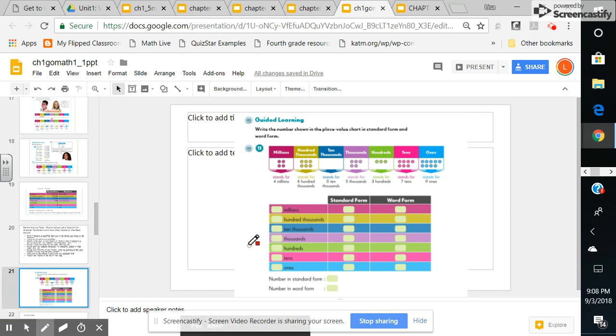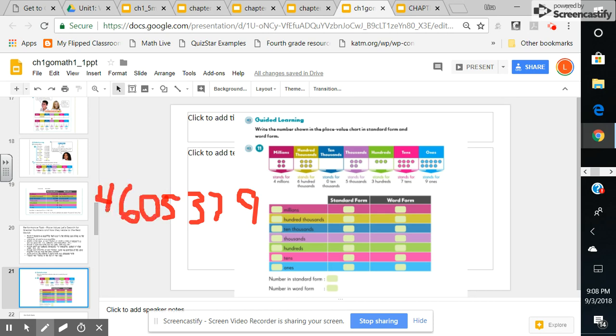It's easier for me if I write it backwards, 9 7 3 5 0 6 4, and then we put the commas in. We can read it as 4,605,379, and that is the number in standard form.